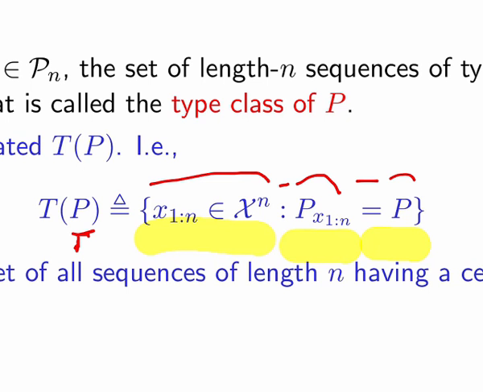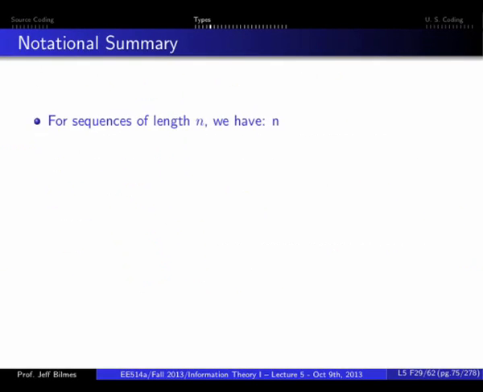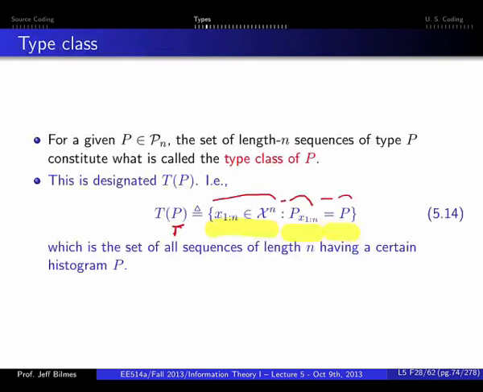And for a given n, maybe it doesn't even exist. Maybe you need to make n really, really big before you get even rational numbers that are equal. That doesn't matter. Type class can be empty if you give it the wrong thing. But this notation, T of P, is going to be used in this way. It's a function of the type.